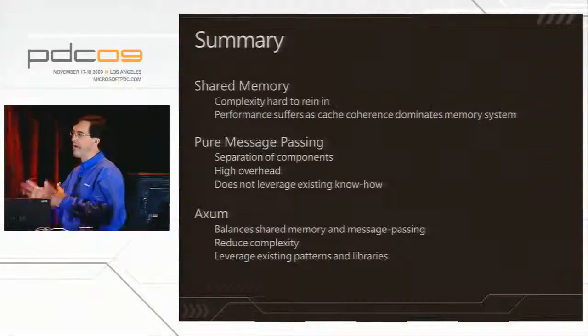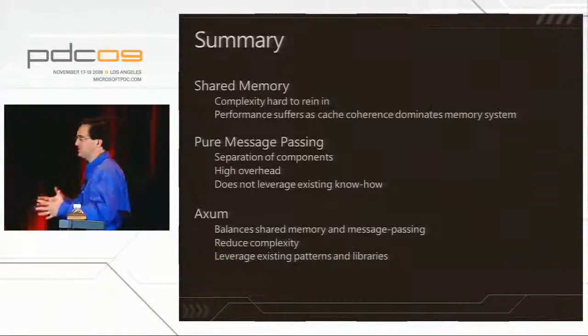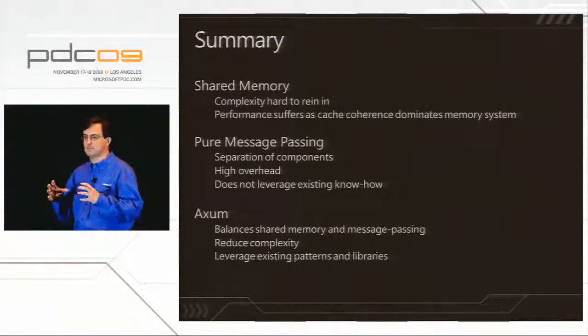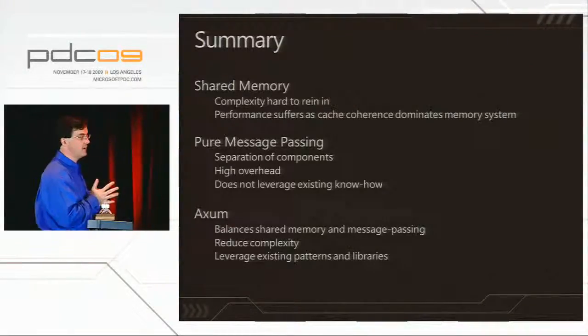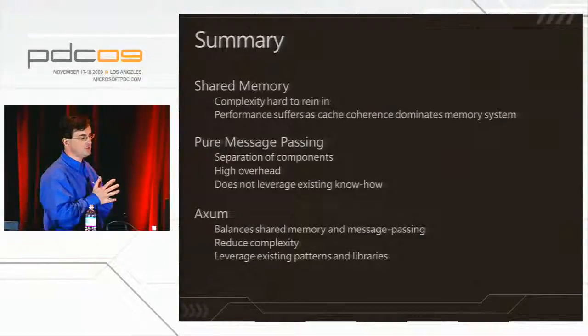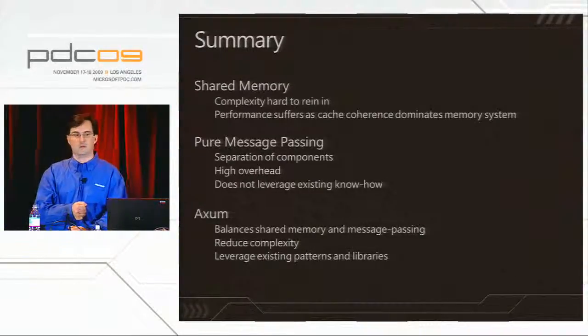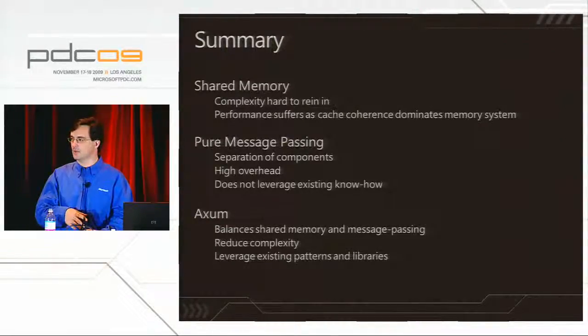Axum tries to balance message passing, which is the basis for safety here, and shared memory access to state. And it does it through a declarative model, which allows us then, and this comes back to one of the very first slides, to leverage existing things. And we can do so within the agents. We can call libraries, object-oriented libraries.